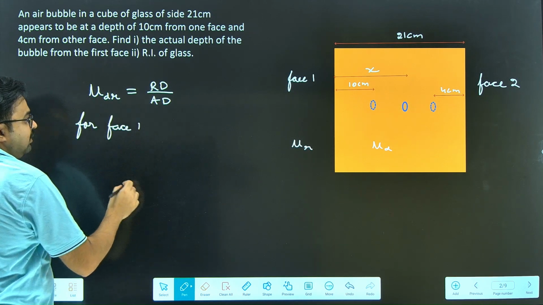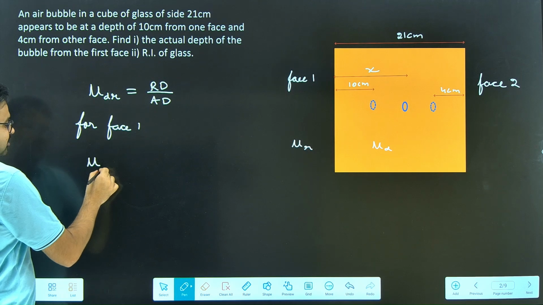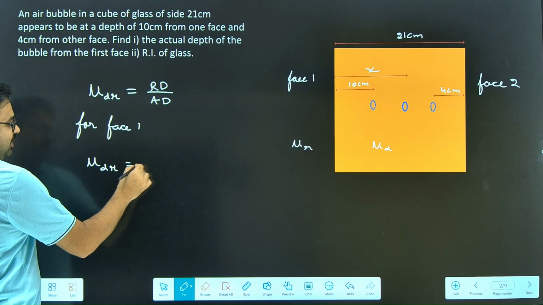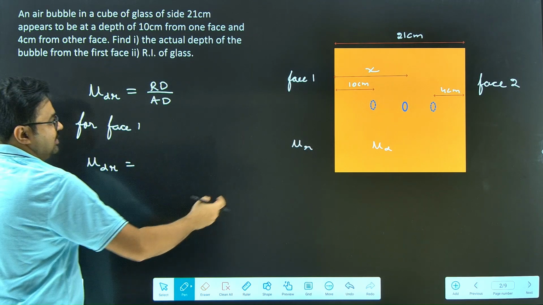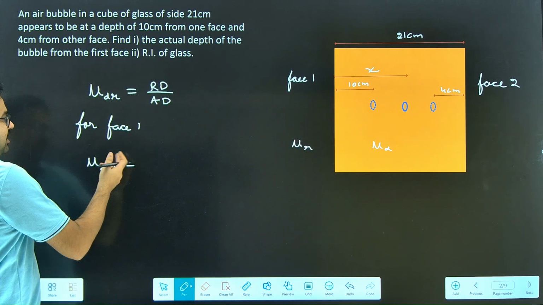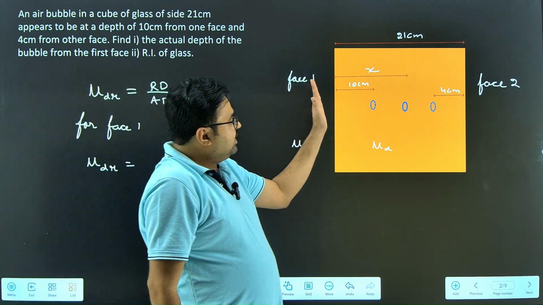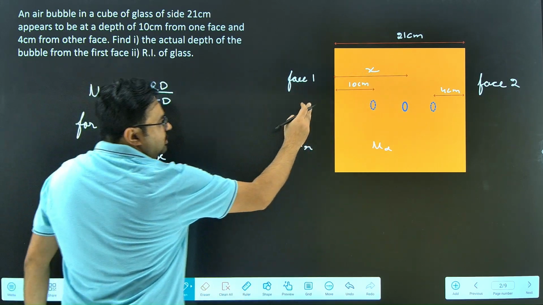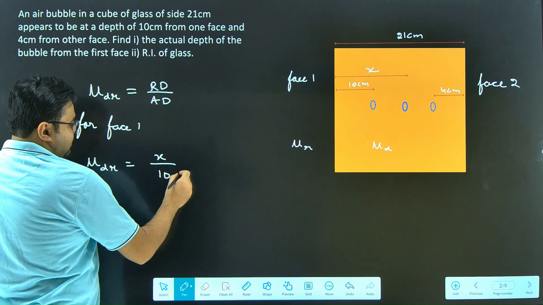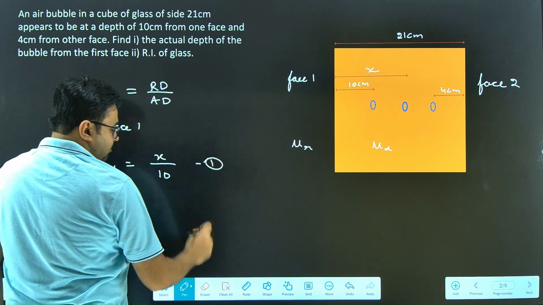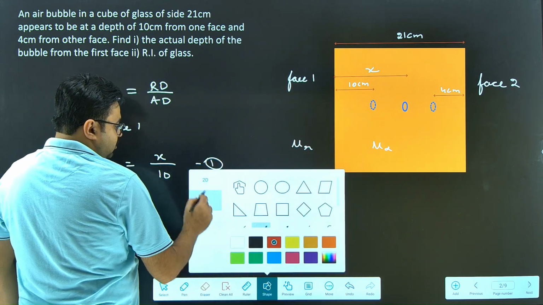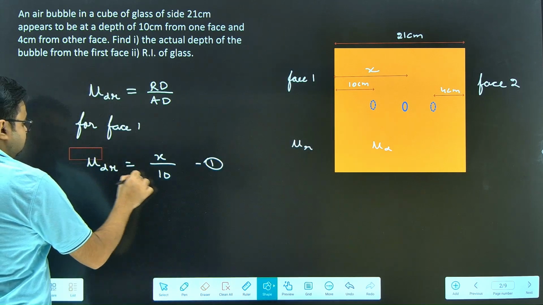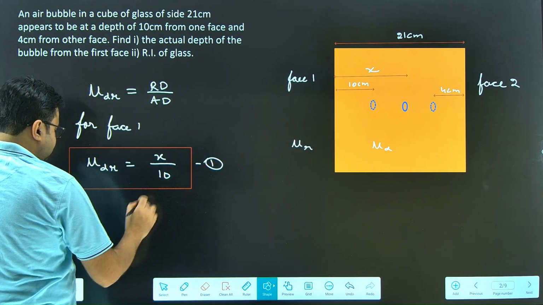For face 1, the refractive index of the denser medium with respect to the rarer medium is real depth, which is x, divided by apparent depth, which is 10. This is our equation number 1. Let me put that in a box.